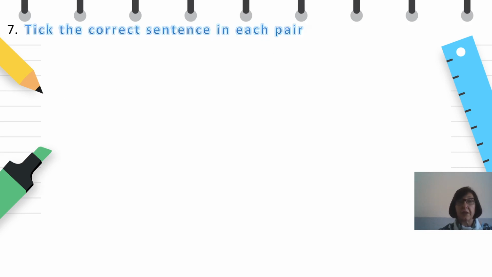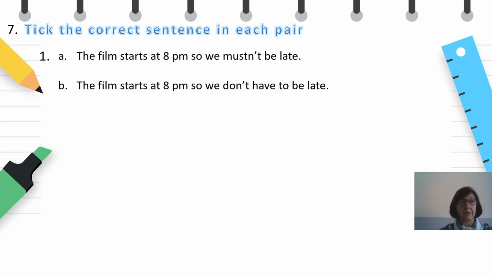The next step is exercise 7, in which you have to tick the correct sentence in each pair. So, pairs are given. You have to decide which sentence is the correct one by ticking. The first pair is: the film starts at 8 p.m., so we mustn't be late. Or, the film starts at 8 p.m., so we don't have to be late.